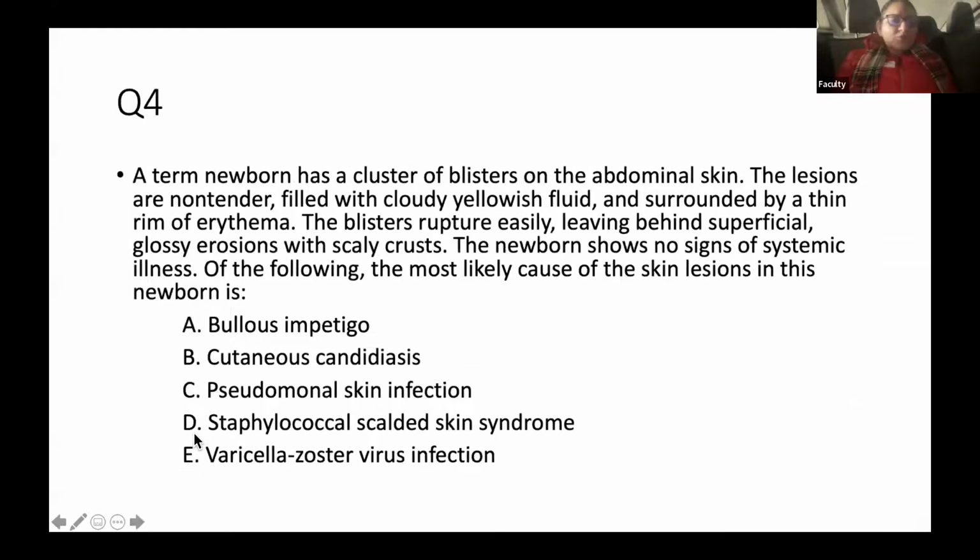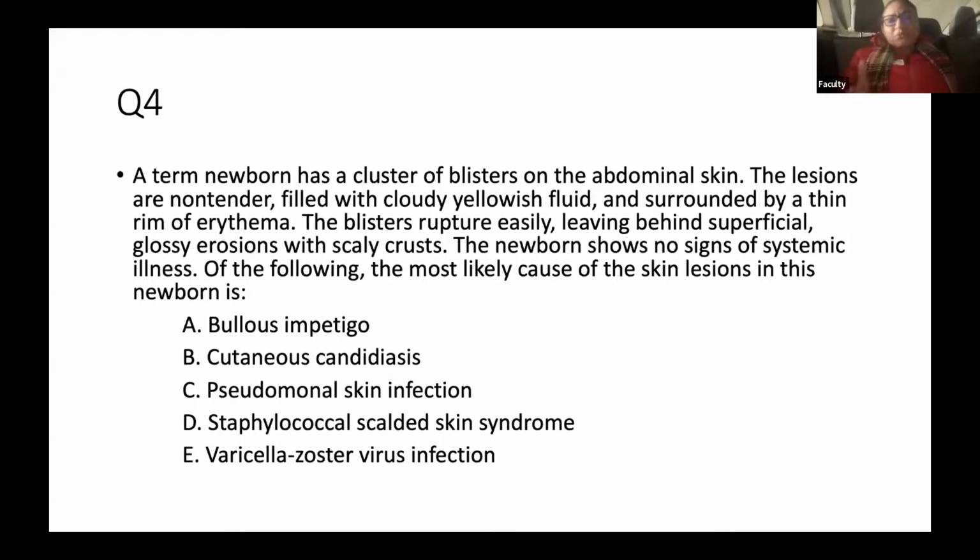So the fourth: a term newborn has a cluster of blisters on the abdominal skin. The lesions are non-tender, filled with cloudy yellowish fluid and surrounded by a thin rim of erythema. The blisters rupture easily, leaving behind superficial glossy erosions with scaly crust. The newborn shows no signs of systemic illness.